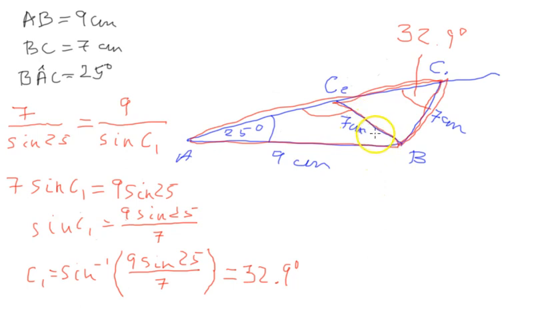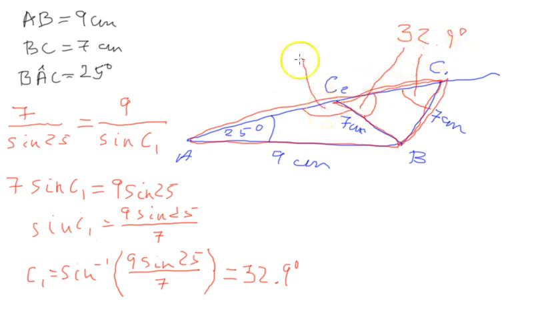In an isosceles triangle, the angles here, so this angle here, and this angle here will be equal. So this angle then is 32.9 degrees as well. I know that C2 is on the same line with the angle that we found here, 32.9 degrees.